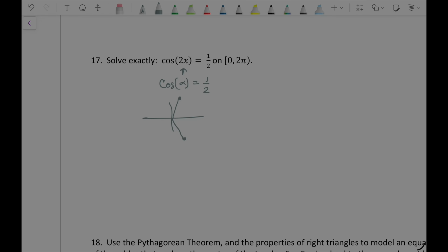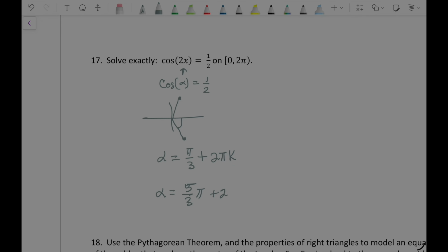Based on our unit circle, alpha is equal to pi over 3 plus any full cycle, any number of times, so plus 2 pi k. Another alpha is negative pi over 3, or I could say 5 pi over 3, whichever, plus any full cycle thereafter.